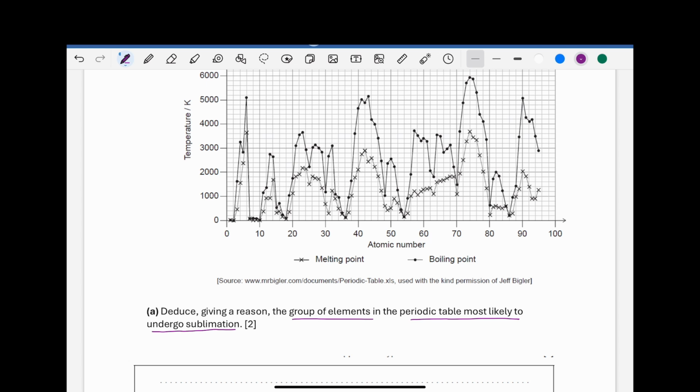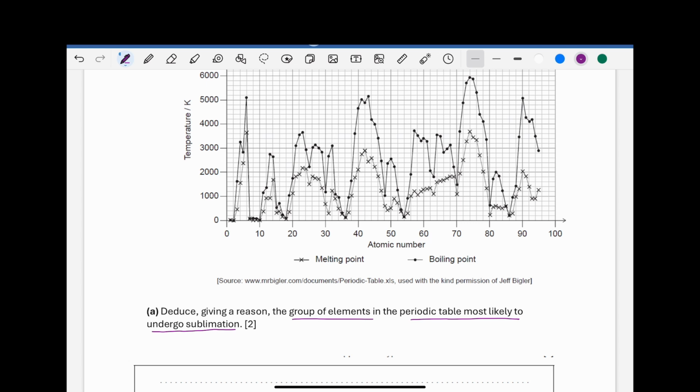Sublimation is when a solid directly goes into gaseous state. So a solid directly changes into gas. That is called sublimation. We are looking for a low difference between melting and boiling points.